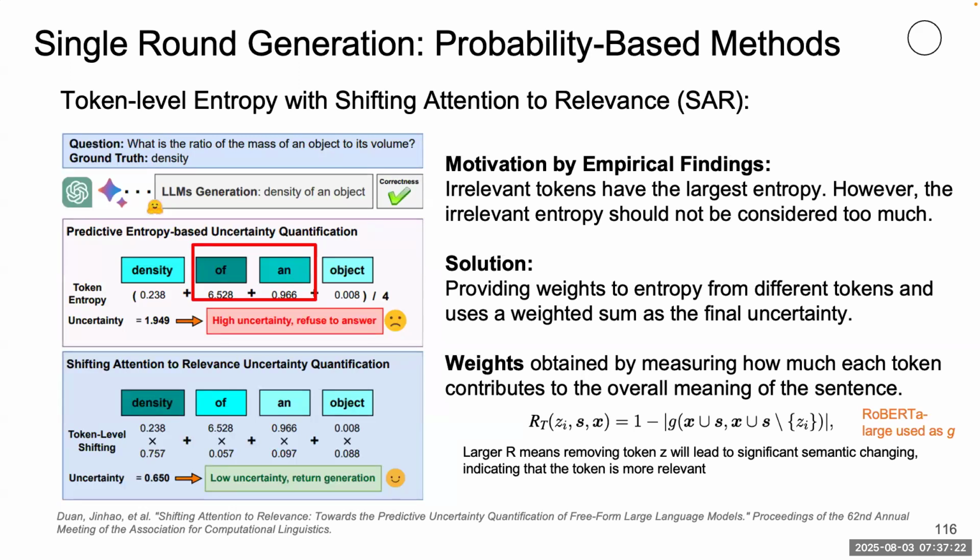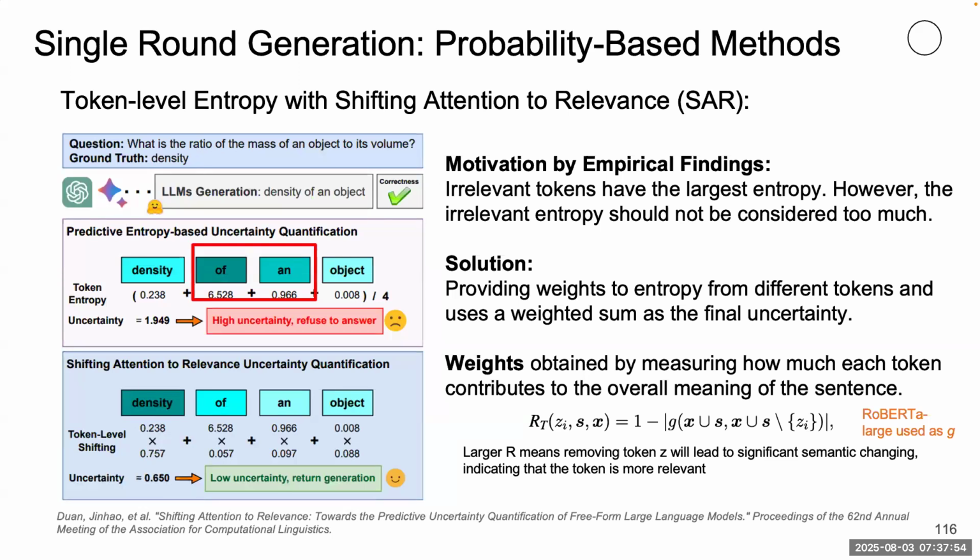However, this irrelevant entropy should not be considered too much; you should consider just the dense, most informative tokens. To overcome this issue, SAR, entropy with shifting attention to relevance, provides a weight to the entropy instead of just using the original token entropy, assigning certain weights to the entropy of each token.